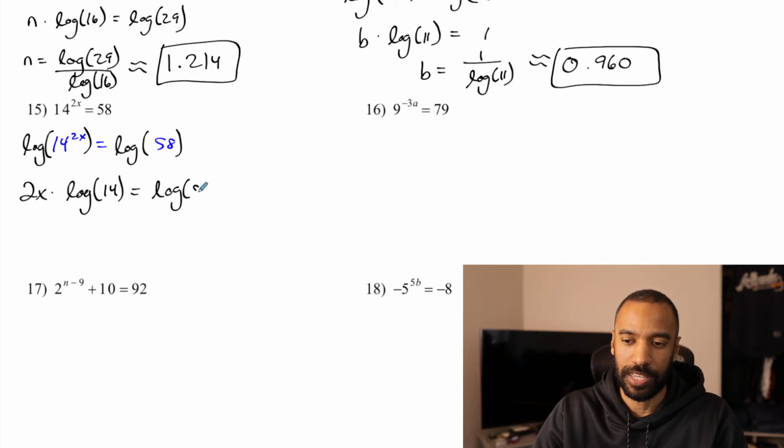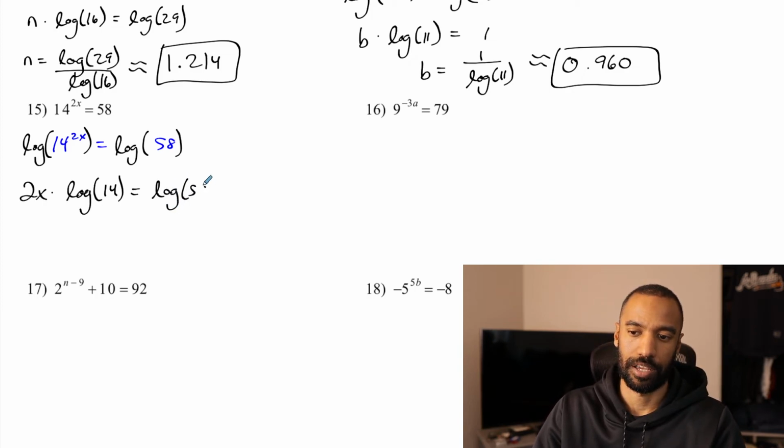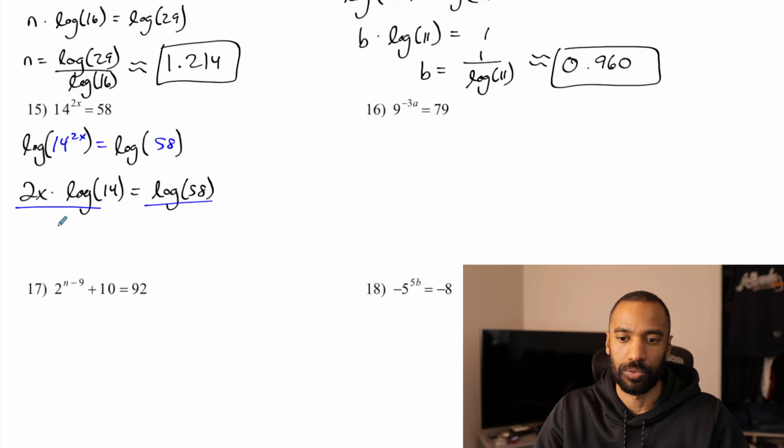Equals log of 58. And I'm not just dividing both sides by log of 14. I'm also dividing both sides by 2, right? Divide both sides by 2 times log of 14. I want to get x by itself. You could do it in 2 steps, but I don't need to.